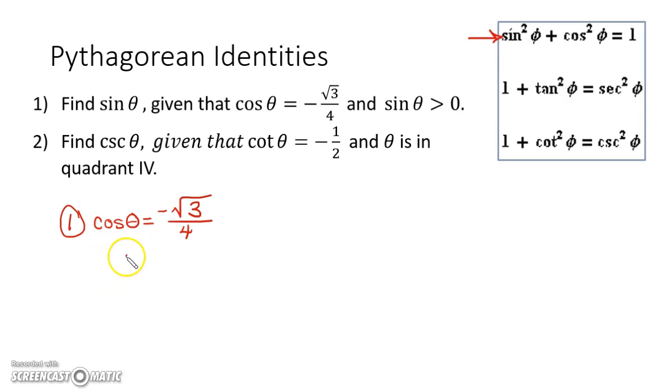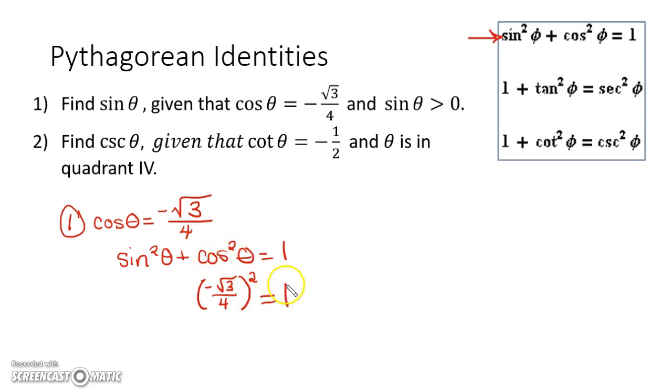So sine squared of theta plus cosine squared of theta equals 1. Well, we know cosine of theta, so we can plug that in. Negative square root of 3 over 4 squared, right? We're squaring that cosine. Okay, now let's square this.